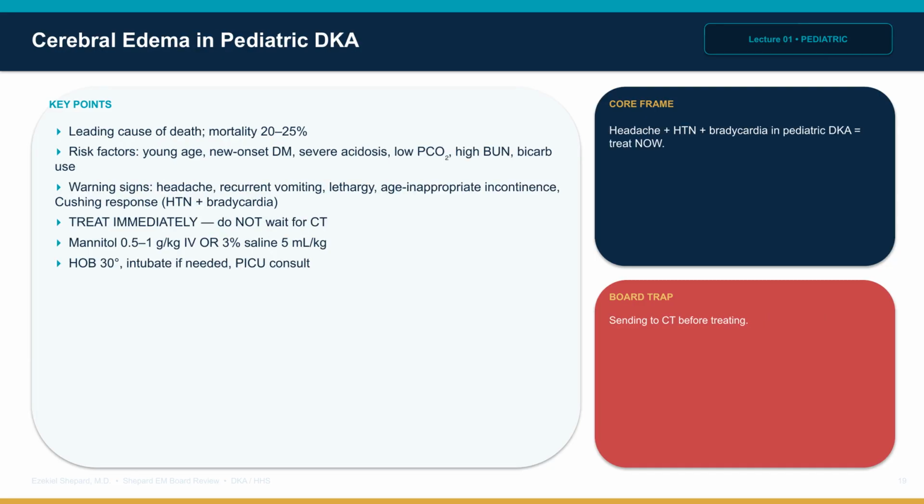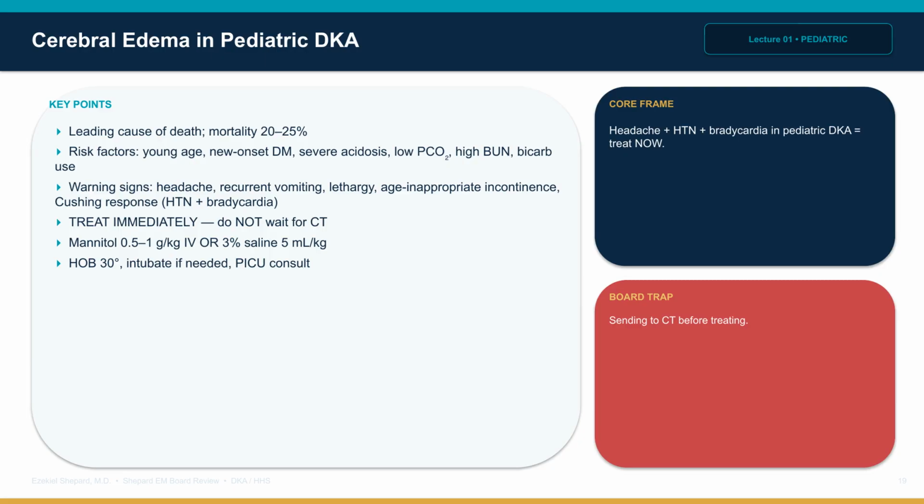Cerebral edema is the leading cause of death in pediatric DKA, with mortality around 20 to 25%. Risk factors include young age, new-onset diabetes, severe acidosis at presentation, a low partial pressure of carbon dioxide, a high BUN, and the use of bicarbonate. Warning signs include headache, recurrence of vomiting, lethargy, fluctuating mental status, age-inappropriate incontinence, and the Cushing response, which is hypertension and bradycardia.